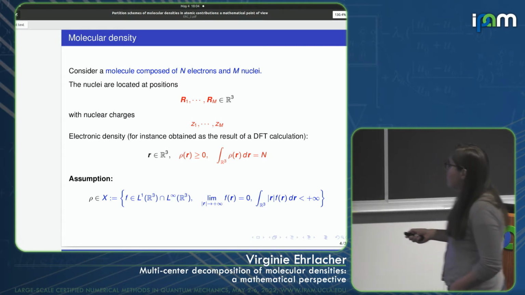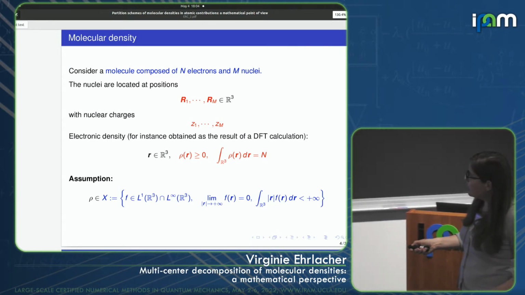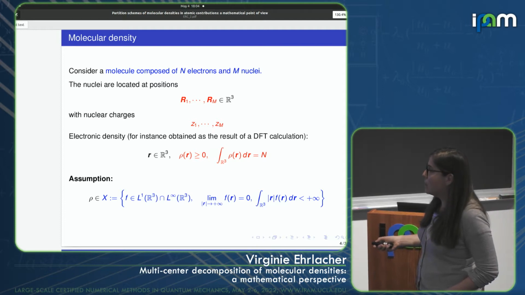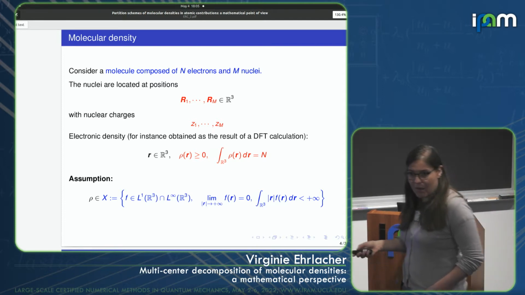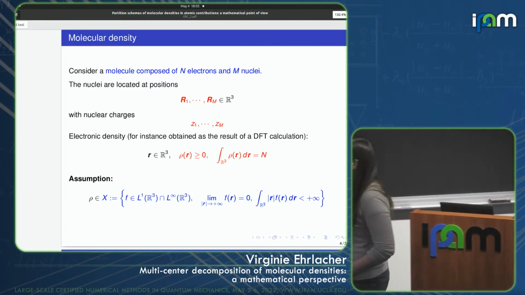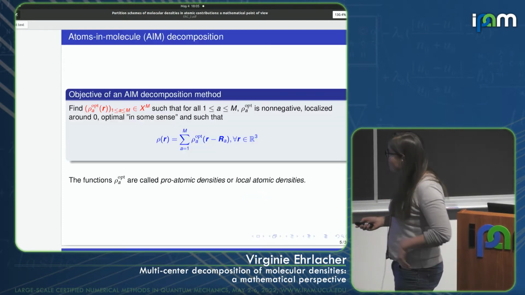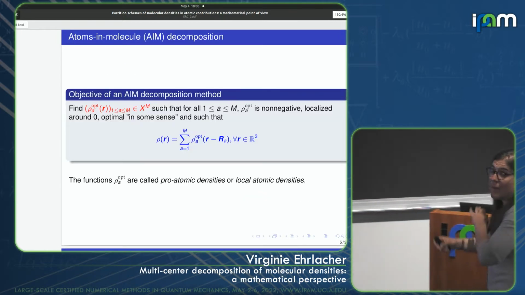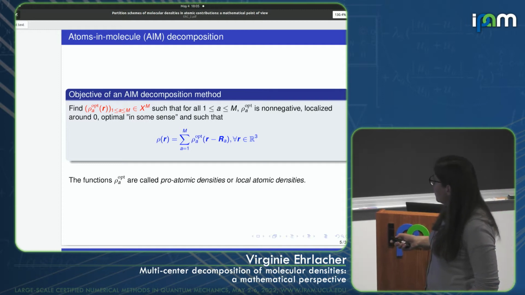For many systems, molecular electronic densities can indeed be shown to belong to this particular functional space X. So that will be an assumption that I'll make all along the talk.